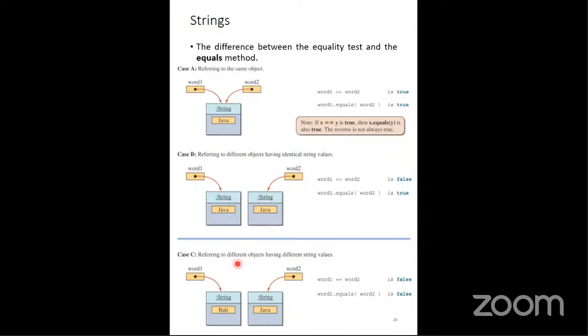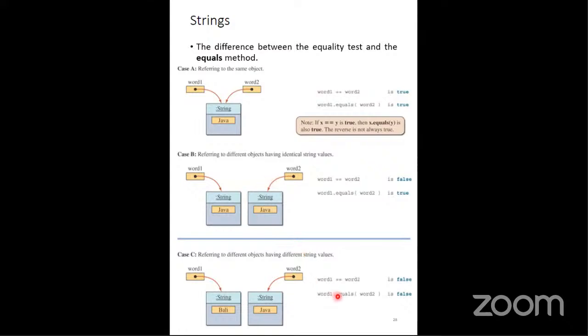And let us come to the third case, where word 1 is referring to this string object whose content is Bali, and word 2 is referring to another string object whose content is Java. The equality operator will return false, obviously, because word 1 and word 2 are referring to different string objects. So the address of this object is different from the address of this object. So equality returns false, just like in this case.